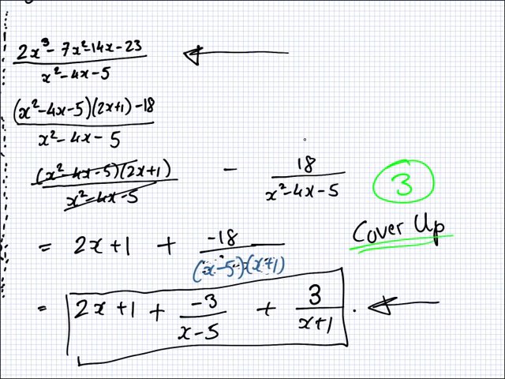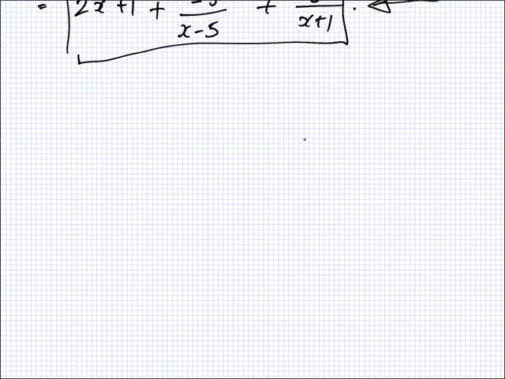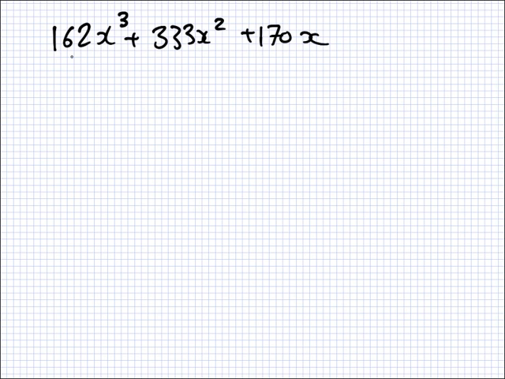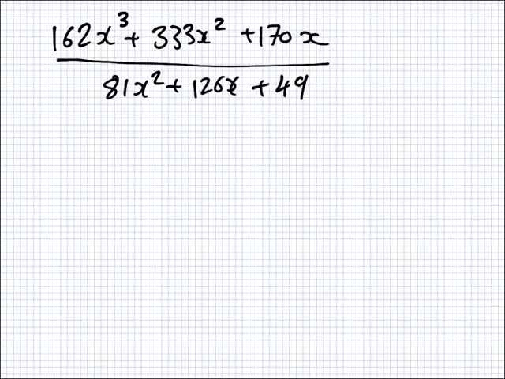Okay, do you have this written down? Let's have a look at another example now. Let's do C as an example here. 162x cubed plus 3x squared plus 170x over 81x squared plus 126x plus 49.